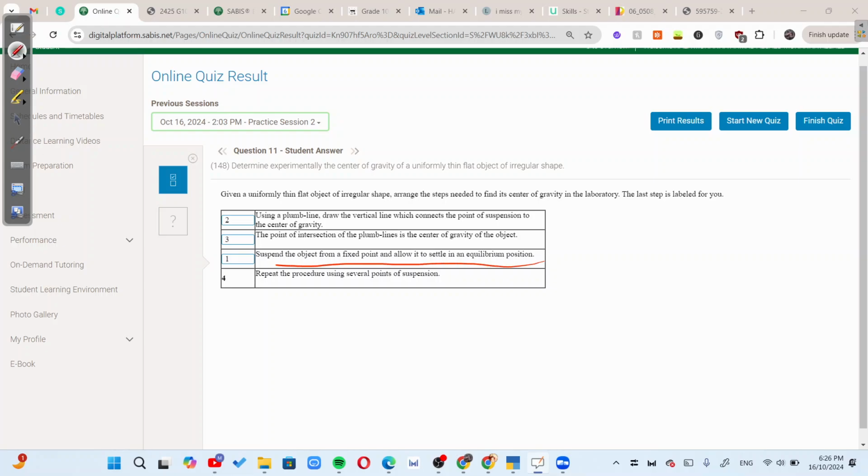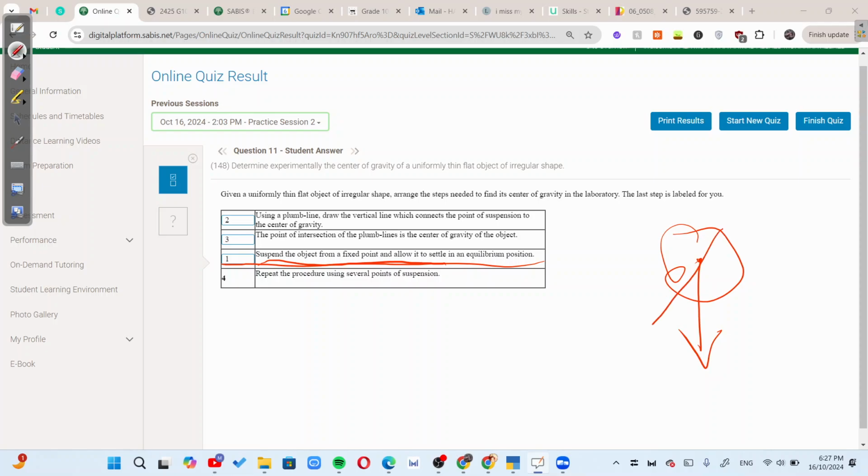First, you suspend the object from a fixed point and let it settle. Then you use a plumb line and draw a vertical line down from the suspension point. You're always doing it down because gravity is down.